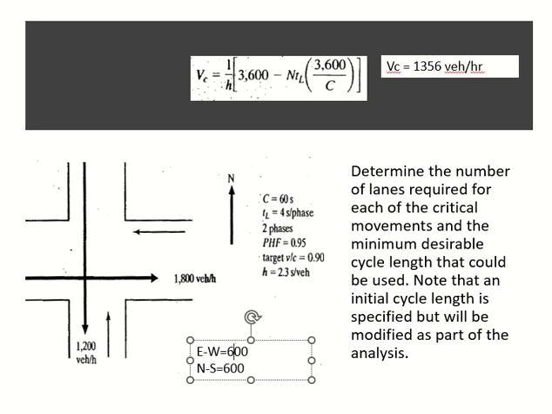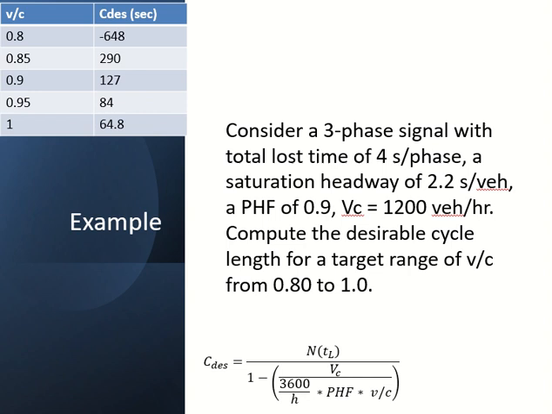One part of the question is done. What was the second part? Find out the cycle length. Now I know how much volume I actually have. My VC is now 1200. So now I will find out the cycle length using this.